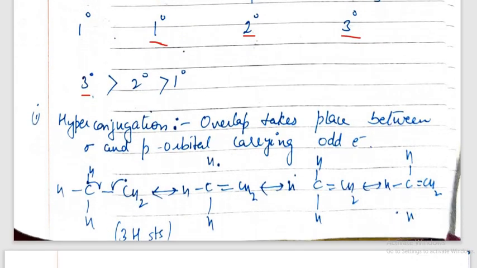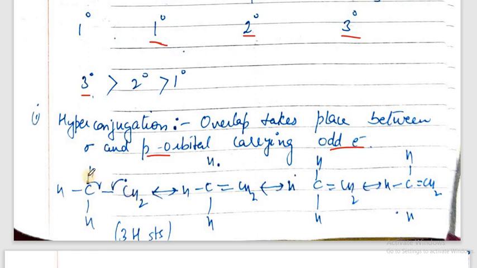Like first is hyperconjugation. This topic we have already done in the first chapter. In free radicals, overlap takes place between the sigma orbital and the p orbital carrying the odd electron. The p orbital which carries the odd electron overlaps with the sigma orbital. Here this is the sigma bond, and this orbital carrying the unpaired electron shows overlapping.